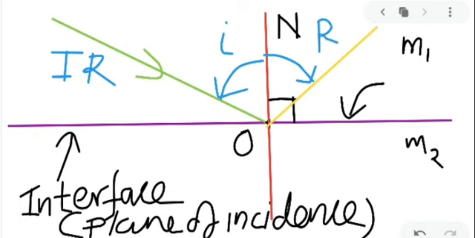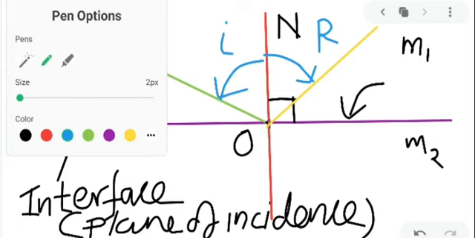So about 20% of the incident ray, say, was reflected. What happens to the remaining 80% of the light? This 20-80 divide is not a general thing. Remember that it can vary depending on the material. If it is a more reflective surface, then 60, 70 or 80% of the light is reflected.